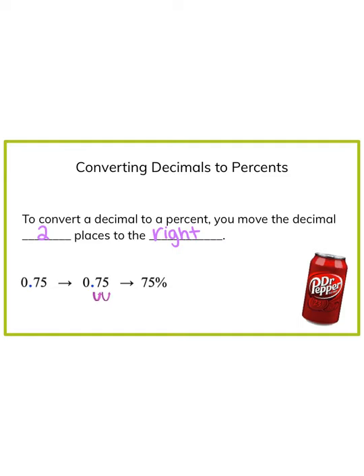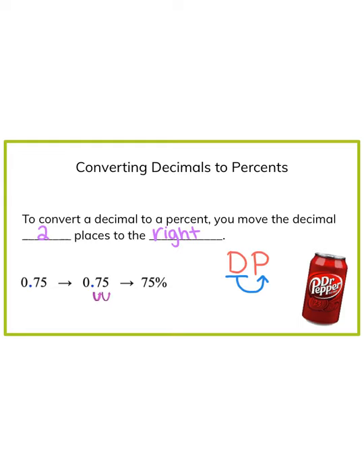Again, if we use the Dr. Pepper method, and we write our DP, this time we are going to be moving from the D in Dr. Pepper to the P. So we're moving to the right 2 places.